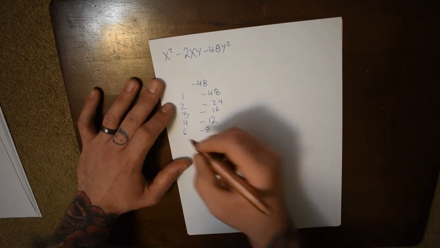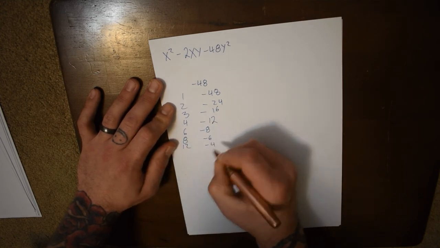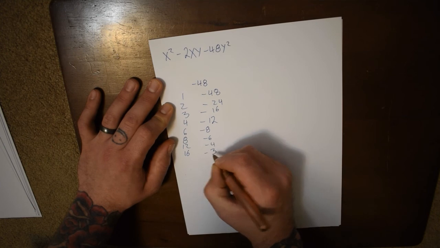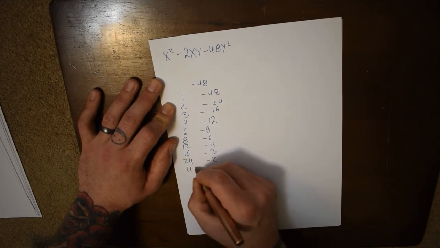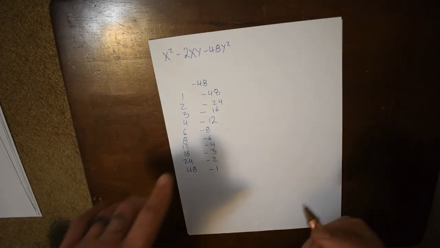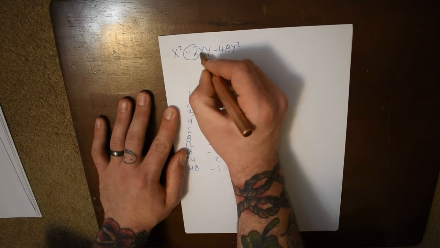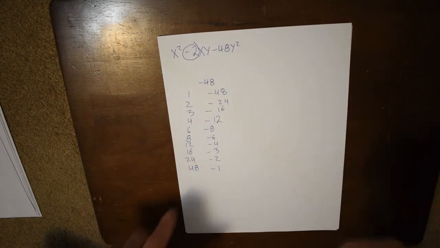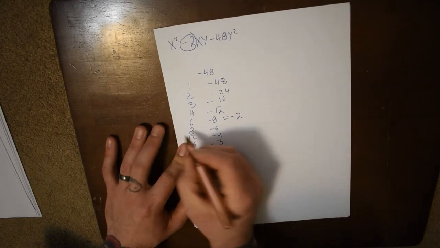Then we would double back. 8 and a negative 6. 12 and a negative 4. 16 and a negative 3. 24 and a negative 2, and 48 and a negative 1. Okay, and then we're looking for the numbers that add to negative 2. Well, 6 plus a negative 8 is equal to a negative 2.